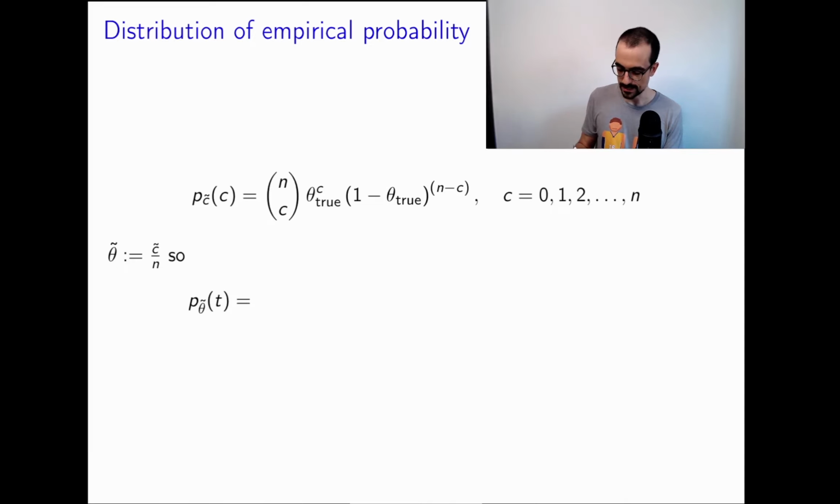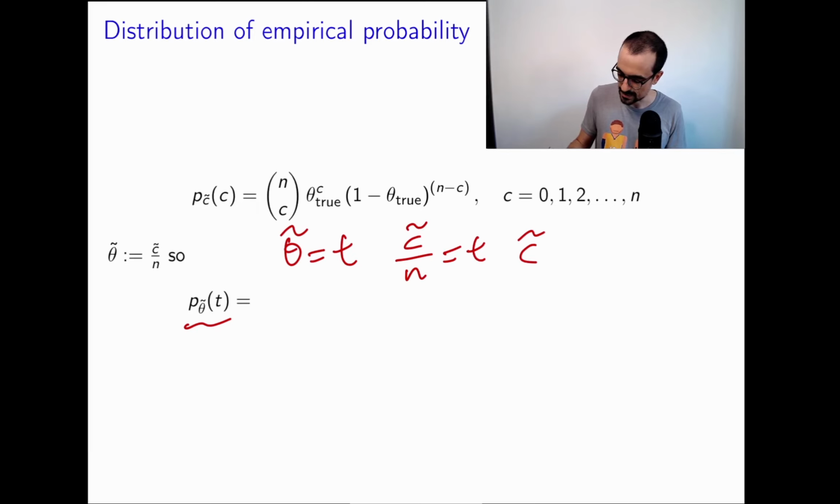So what is its PMF? I like to always go to the definition. What is the value of the PMF of theta tilde at t? It's just the probability that theta tilde is equal to t. I showed you the solution a little bit too soon, but the probability that theta tilde is equal to t is exactly the same as the probability that the count divided by n is equal to t, so it's exactly the same as the probability that the count is equal to nt.